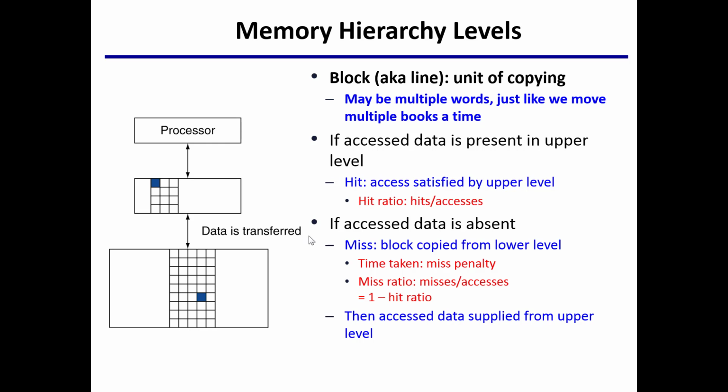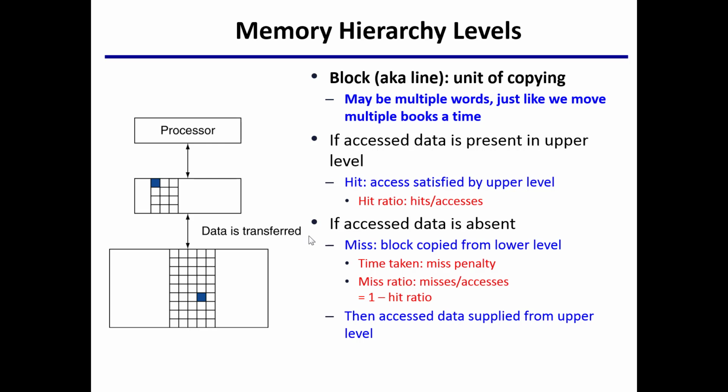With temporal locality, the first time you access something, you have to pay a penalty because you have to move the data from the larger, slower memory up into this faster memory, the cache. But then if you're accessing that data a whole bunch more times in the near future, it's available in the small memory, and the processor sees that as having a fast access time, right? Does that make sense?